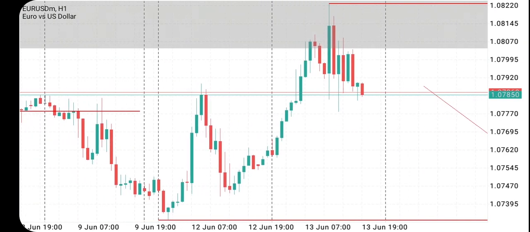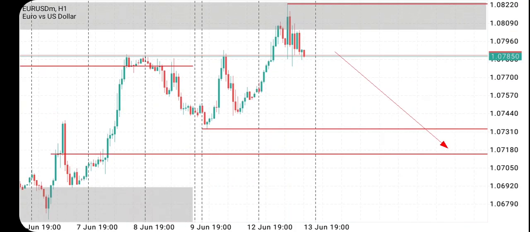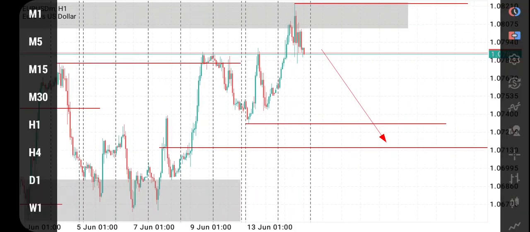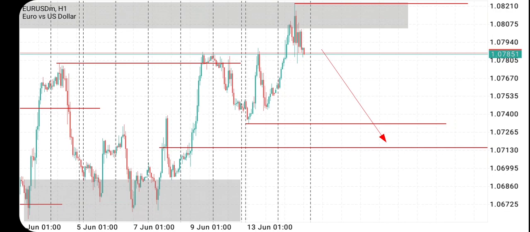Now let's look at the days of the week. Now if you look at the previous week, I want you to take a close look at the previous week. I just want you to look at the high of the week and the low of the week. So when this week opened, what did it do? It's very clear it reached for the high of our previous week.